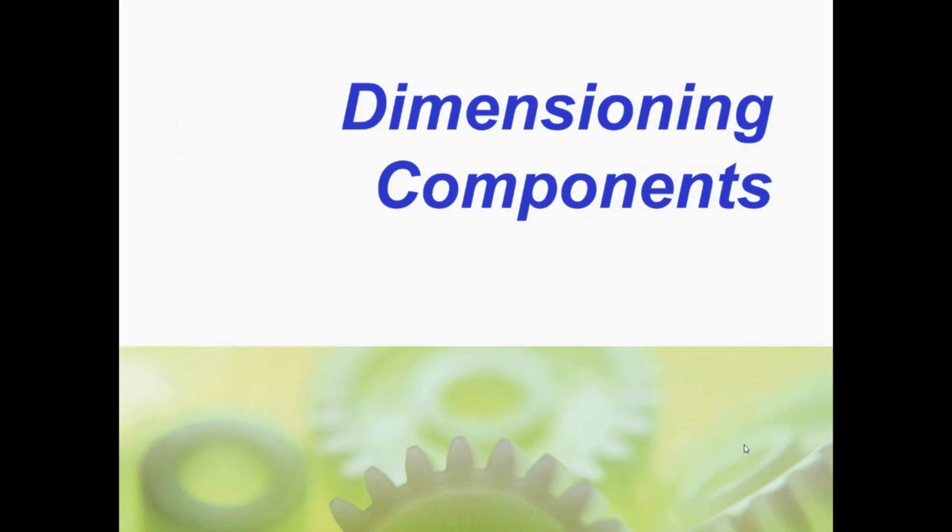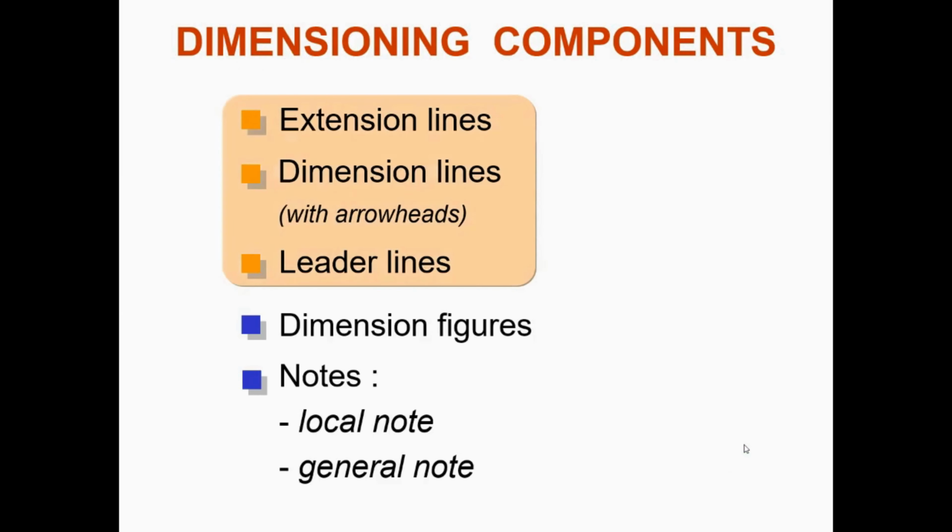Let's look at dimensioning components. Every dimension includes the extension line, the dimension line, the leader line, the dimension figures, and also the note. Under the note, we have the local note and the general note. Every dimension actually has these components.